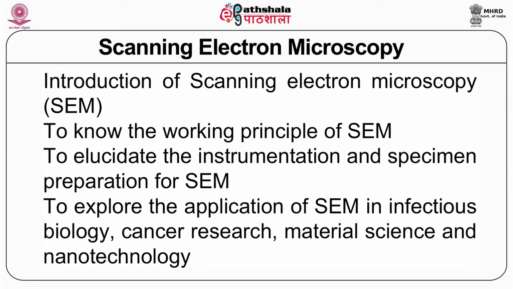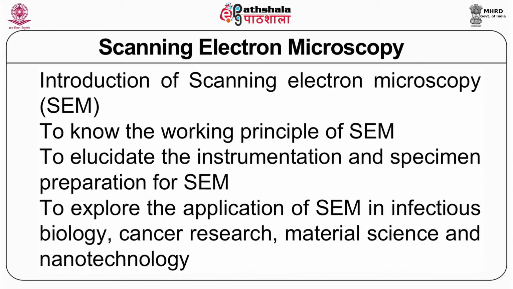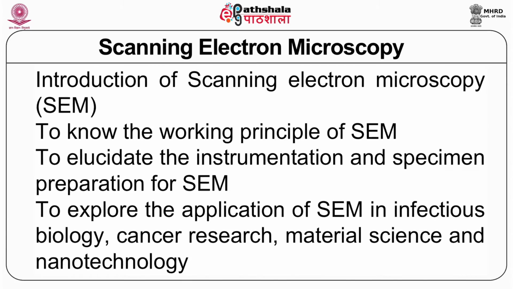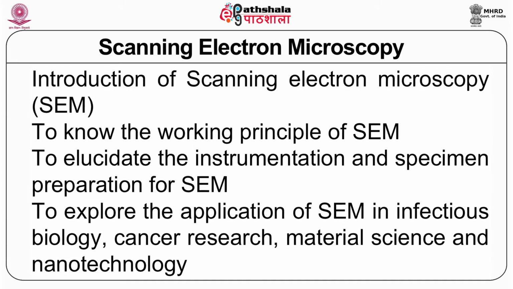For example, whether it is a cell or a bacteria or any tissue, the overall cellular organization. And the main difference between the TEM and SEM is also important, because each one has its own advantages.